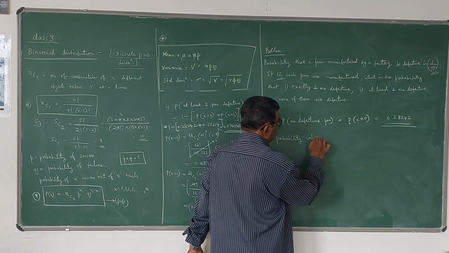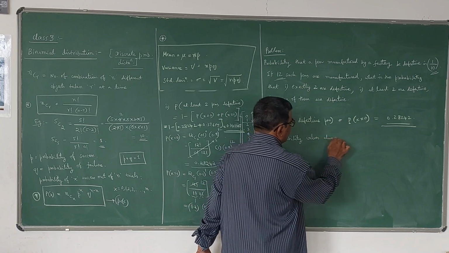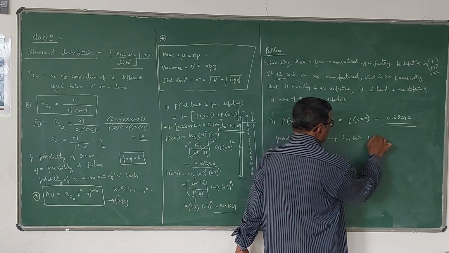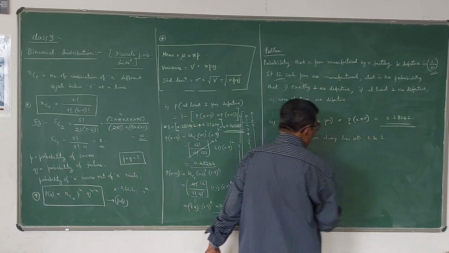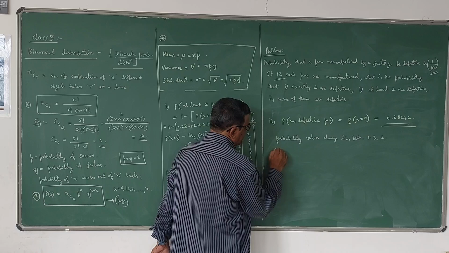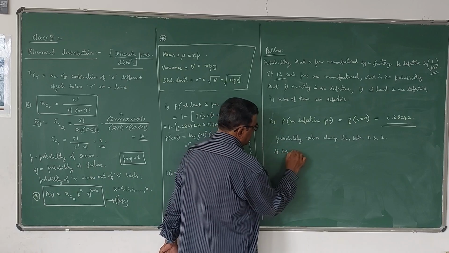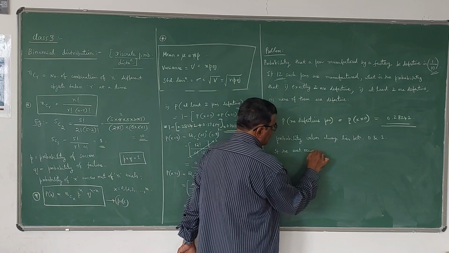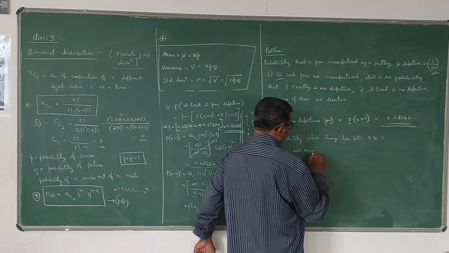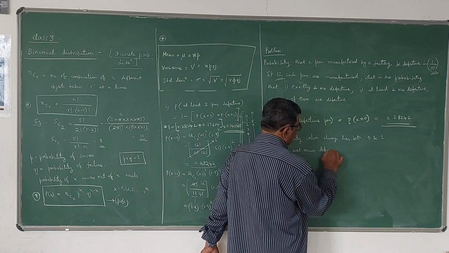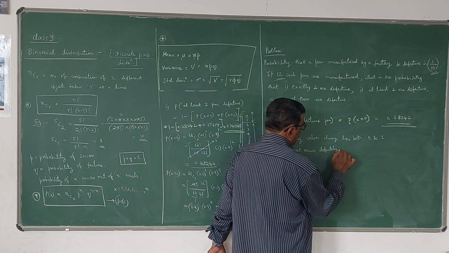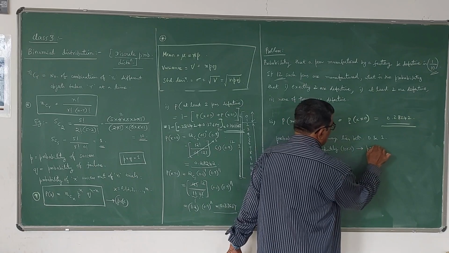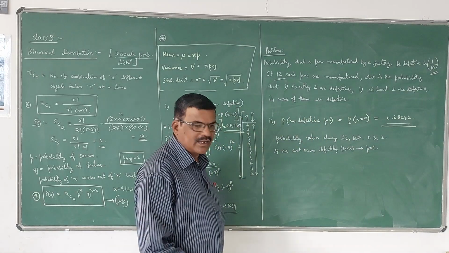If the event occurs definitely, the probability is 1.